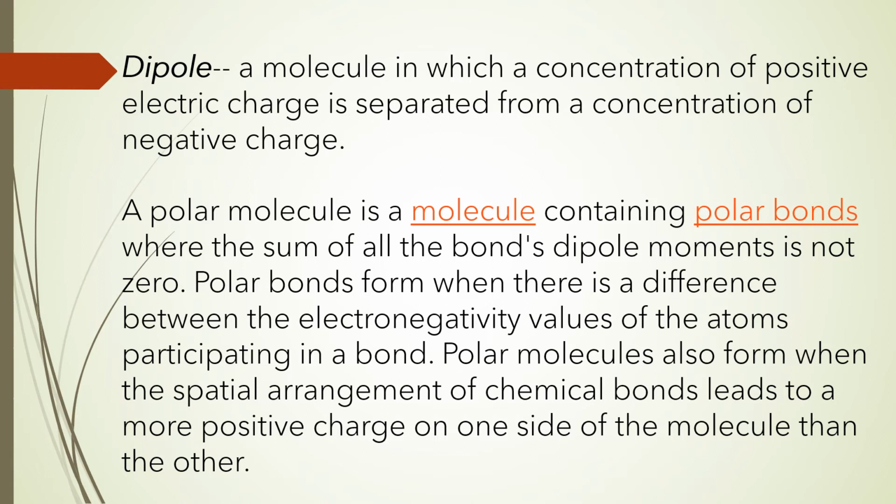Polar bonds form when there is a difference between the electronegativity values of the atoms participating in the bond. Polar molecules also form when the spatial arrangement of chemical bonds leads to a more positive charge on one side of the molecule than the other.